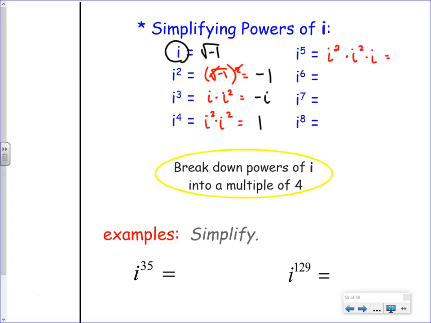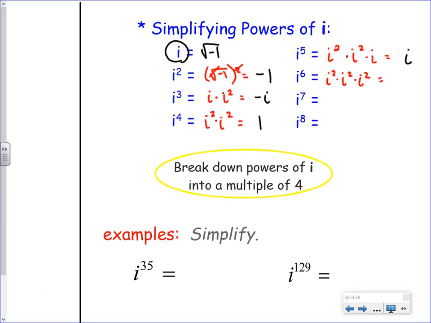Negative 1 times negative 1 is positive 1. Positive 1 times i is i. i to the 6th will be i squared times i squared times i squared.